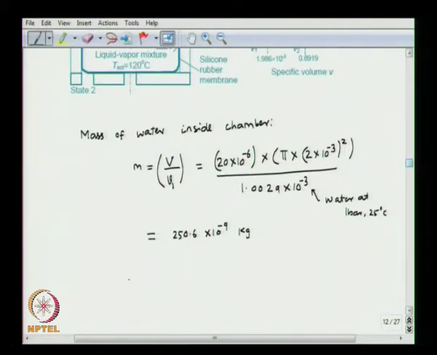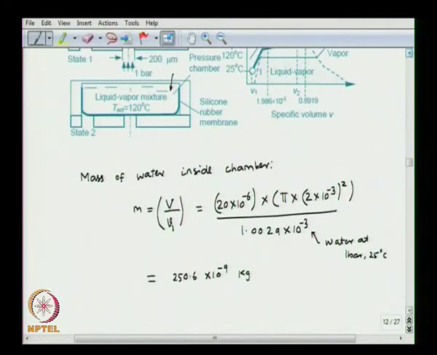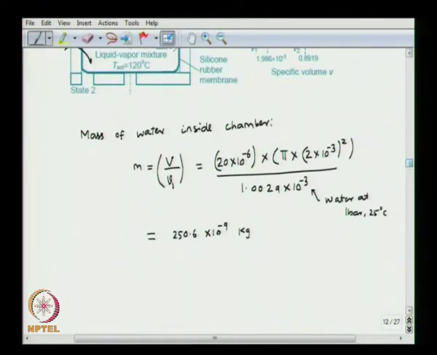Now, in the actuating position, let us say the entire chamber is filled with liquid plus vapor. So, in the actuating state, the entire chamber is filled with water plus vapor.